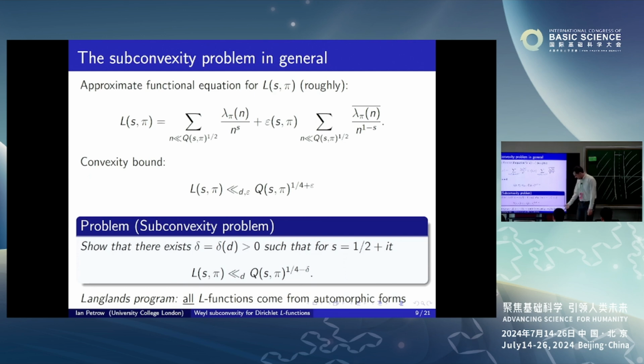The Langlands program would predict that all L-functions coming from any source, whether Galois representations or L-functions of varieties, should all ultimately come from L-functions of automorphic forms. So a lot of the time in the subject, we usually just work with automorphic L-functions as our starting point.